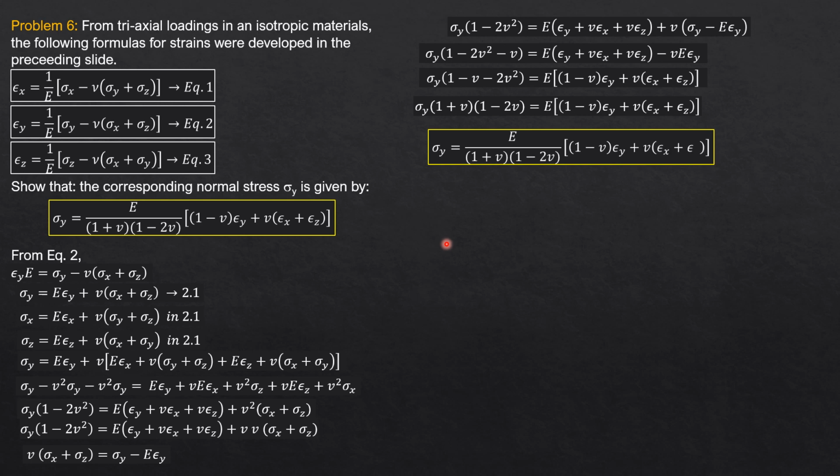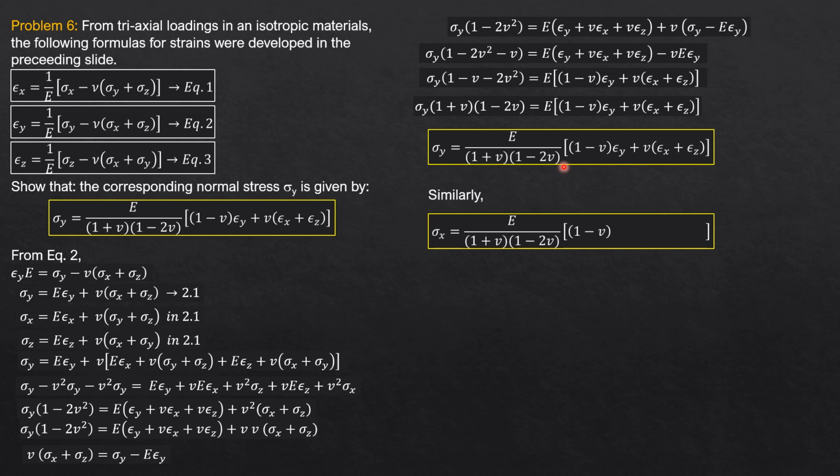So similarly, sigma x is equal to E over (1 plus Poisson's ratio) times (1 minus twice Poisson's ratio), open quantity: (1 minus Poisson's ratio) strain along x plus Poisson's ratio times (strain along y plus strain along z).